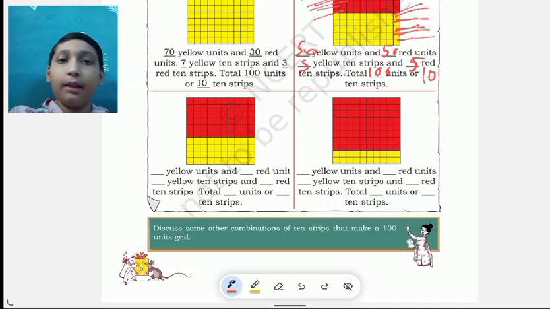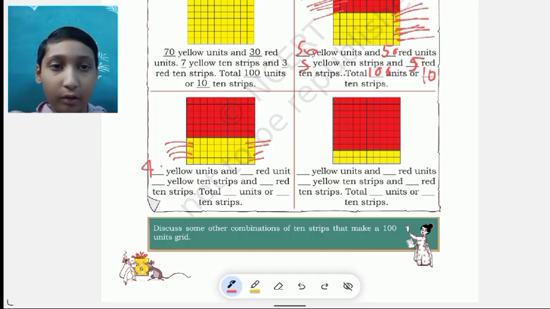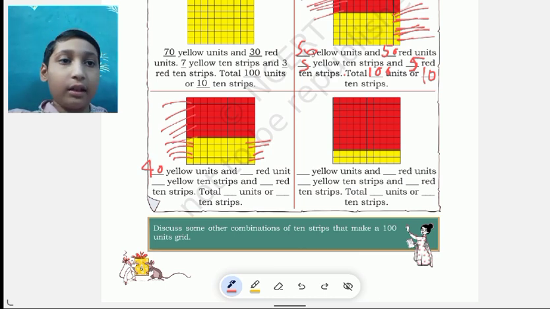So okay, I'm telling one more example and the last one you do by yourself. There is 1, 2, 3, 4 yellow strips, meaning 10, 20, 30, 40. There's 40. And then there's 1, 2, 3, 4, 5, 6 red strips, meaning 10, 20, 30, 40, 50, 60.